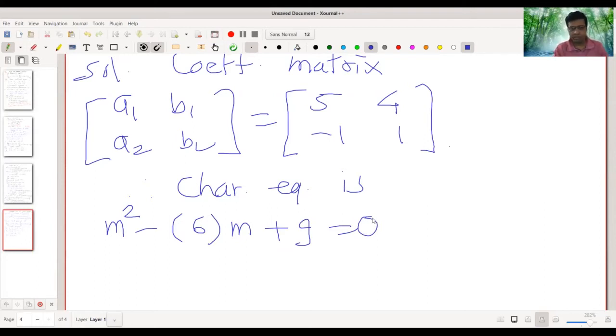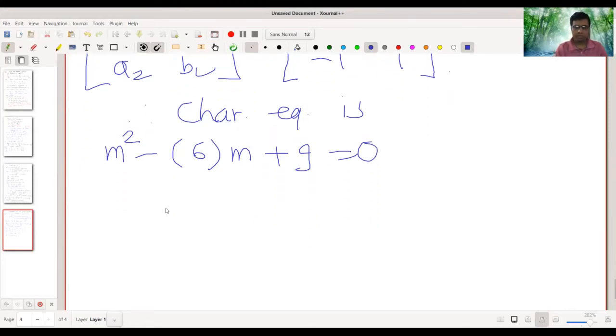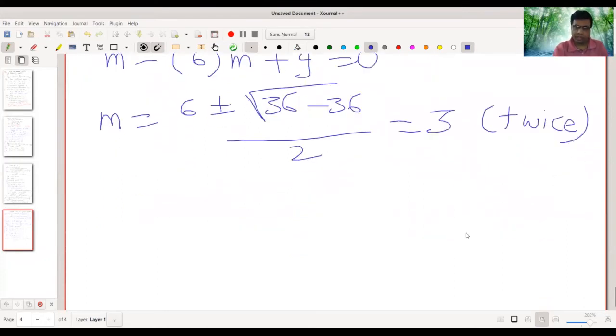So m is 6 plus minus square root 36 minus 36 divided by 2. So it is 3, 2 times. Okay, that is a repeated root.